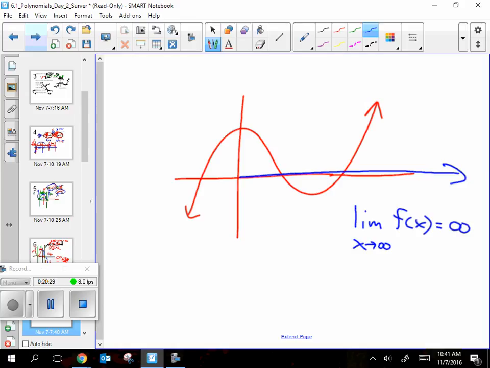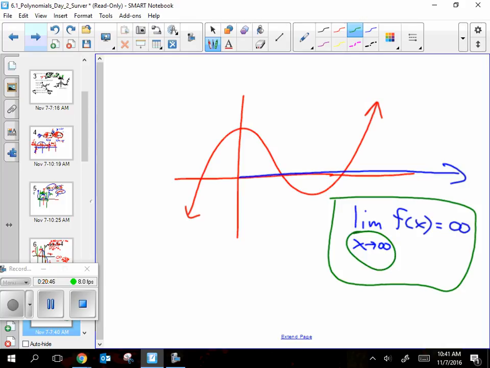That's what that's saying. How about this? What part of this is telling you we're talking about the right side of the function? What part of it tells you that? Yes. X goes to infinity. X goes to infinity means these x's are getting bigger, bigger, bigger. So it means telling you go way to the right.